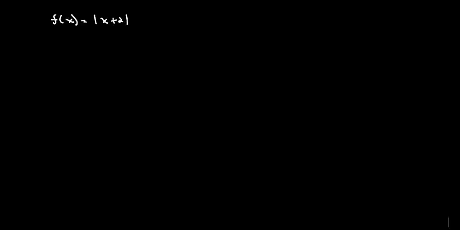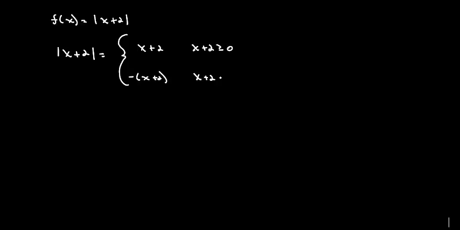Now, you should watch the previous video if you haven't yet. But if you have, then this is going to make a little bit more sense, because I'm going to say that the absolute value of x plus 2, defined as a piecewise function, is equal to x plus 2 when x plus 2 is greater than or equal to 0, and it's equal to the negative of x plus 2 when x plus 2 is less than 0.